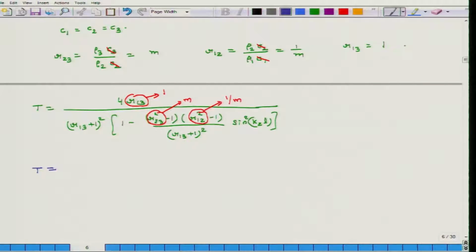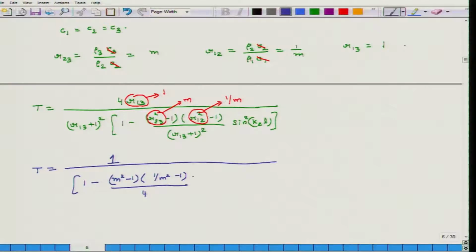So 4 R13 divided by (R13 plus 1) whole square cancels out, because 4 R13 is 4 and (R13 plus 1) whole square is 4 also. So this is 1 divided by 1 minus (m square minus 1) times (1 over m square minus 1) divided by 4 sine square k2L.